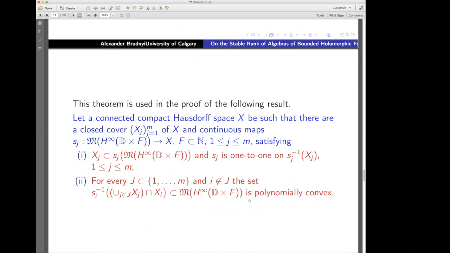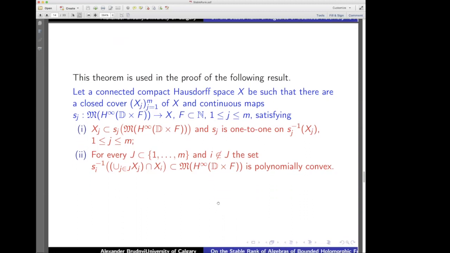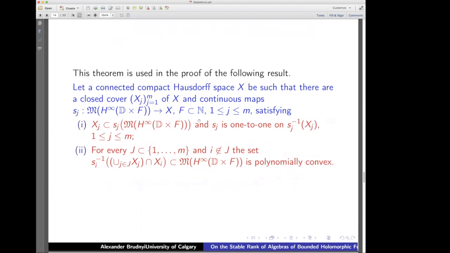I will show you some picture later, and you will see what we really have here as these technical conditions. In some sense, it means something like the space X should be two-dimensional.